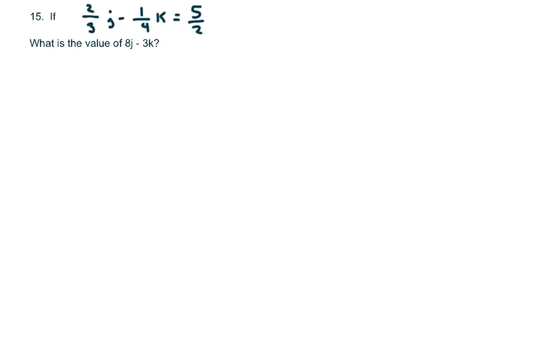So basically, what I'm going to do on this is clear the fractions here. I'm going to multiply by my common denominator, which is 12. So each term, I'm going to go ahead and write this out because you can't see it very well.